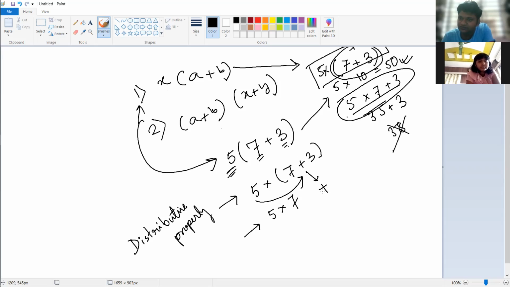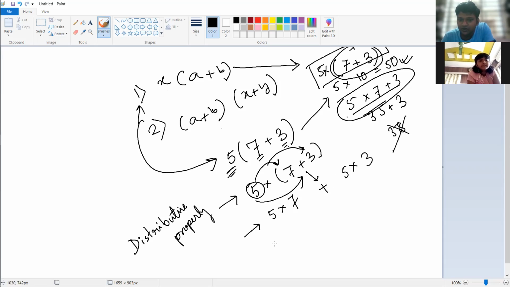As it is plus here, we'll just put plus over here. So plus again 5 × 3. That means this 5 will be applied to 7 and 3 both, this way.